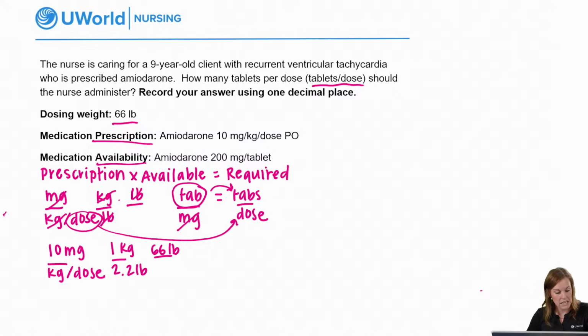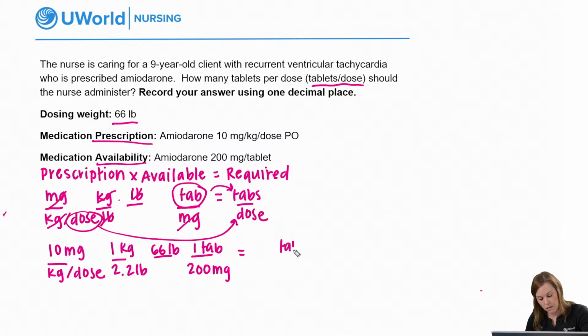Then our medication is available in 200 milligrams in 1 tablet. And this is going to equal our tablets per dose. Again, kilograms, pounds, weight is accounted for. Milligrams, dosing is accounted for. So we can get the end result of what the client is consuming as tabs per dose.